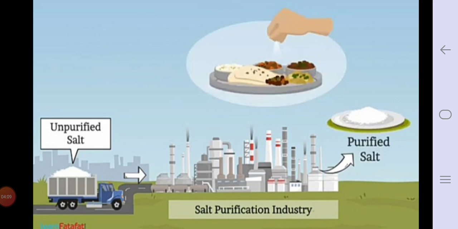Now we'll see the use of more than one method of separation. We have studied some methods for separation of substances from their mixtures. Often one method is not sufficient to separate the different substances present in a mixture. In such a situation, we need to use more than one of these methods.